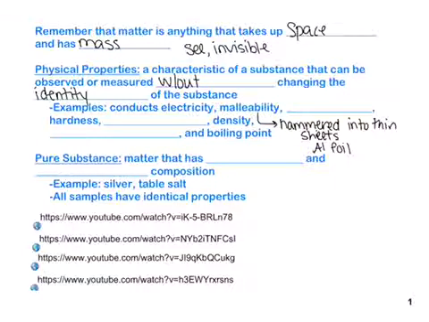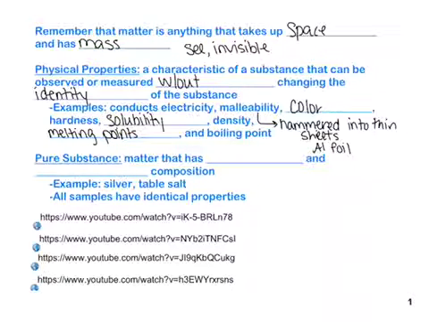Color is an example of a physical property. Hardness, the ability to dissolve, or solubility, is a physical property. A substance's density, as well as its melting and boiling points. All of these things can be observed without changing the identity of that substance.